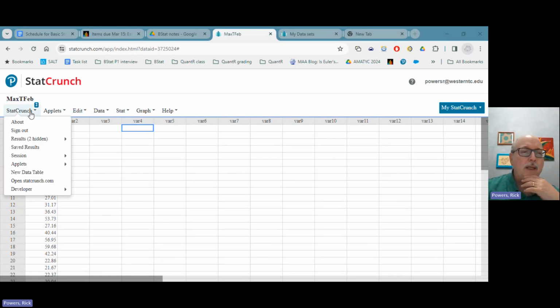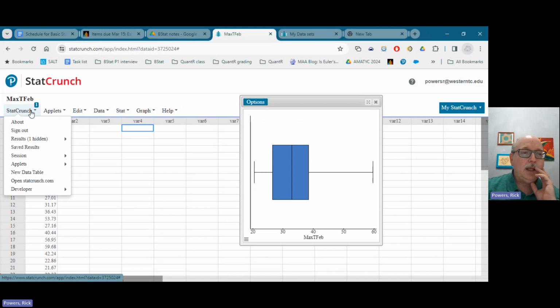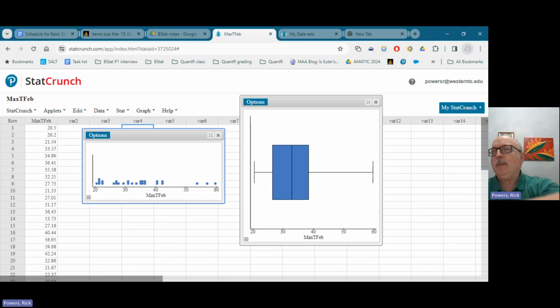So I've already done this here. I created a box plot. And from the box plot, you can tell, well, it's skewed. And then I also did a dot plot. And from the dot plot, we see that it has outliers. There's a gap and then there's outliers.